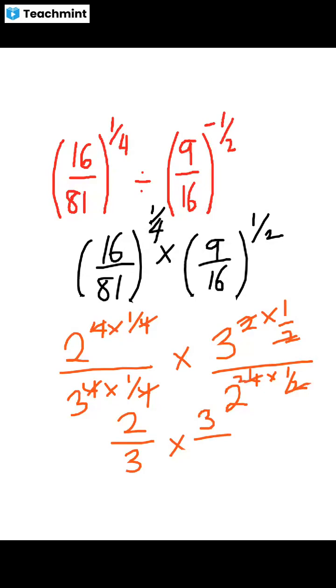That's 2 raised to the power 2. And 2 raised to the power 2 is what? 4. This is very easy. 3 cancels 3. So we're going to be 2 here, 1, 2 here, what? 2. So our final answer is going to be what? 1 over 2. When you learn how to change division to multiplication, your calculation will be very, very fast.